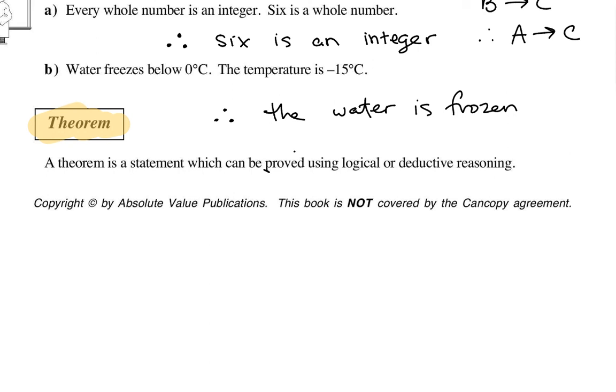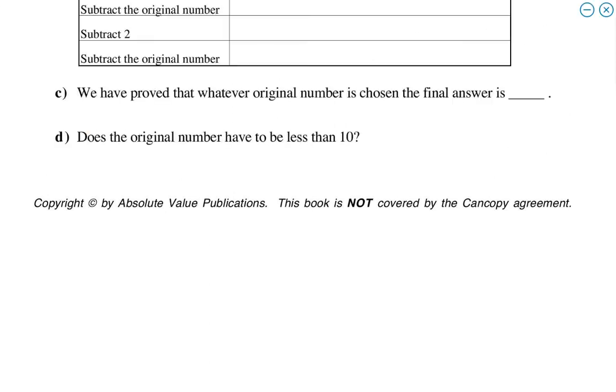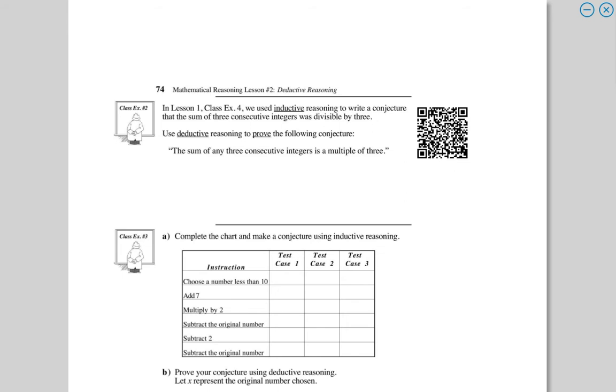So for example, you guys know a theorem. What's a famous theorem you guys all know? Yeah, the Pythagorean theorem, which states that in a right-angled triangle, the sum of the squares of the two legs equals the square of the hypotenuse. You know that. Exactly. It's a mouthful, but you know what I'm talking about.